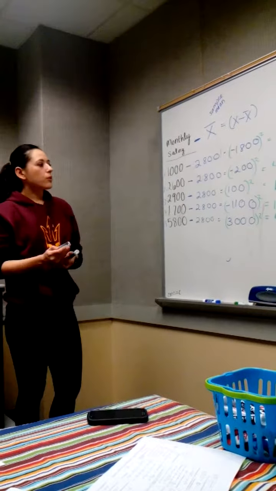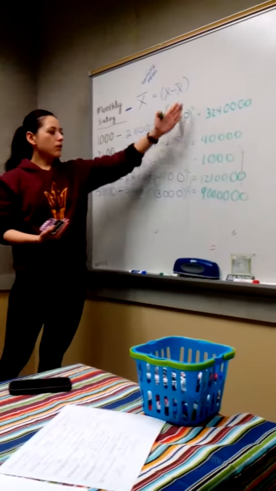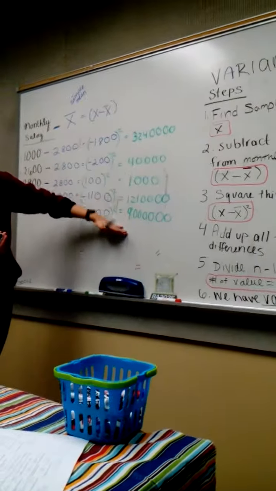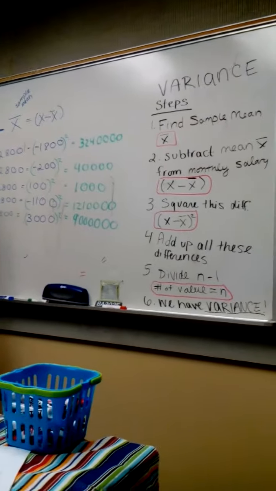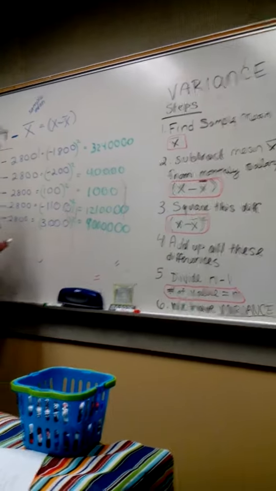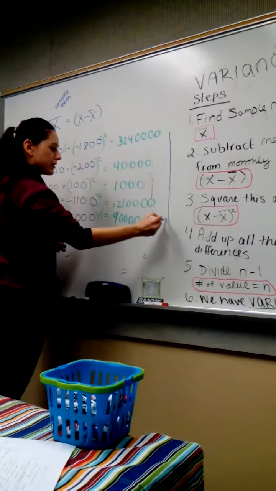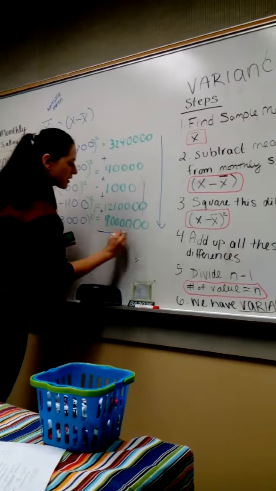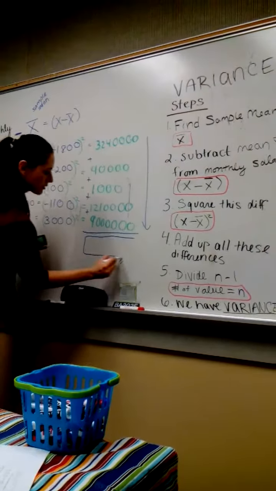So now that we've gotten all the way to this step, we're just going to add all these up. So we're going to go down like this, and then we'll get a number here.